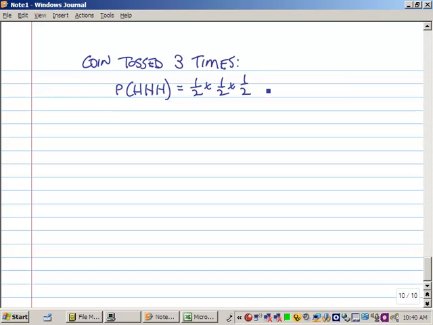The probability doesn't change, and it's 1/8. Or let's say probability of a head on the first, tail on the second, tail on the third. Probability of a head is a half, tail is a half, tail on the third is a half, and again, 1/8.